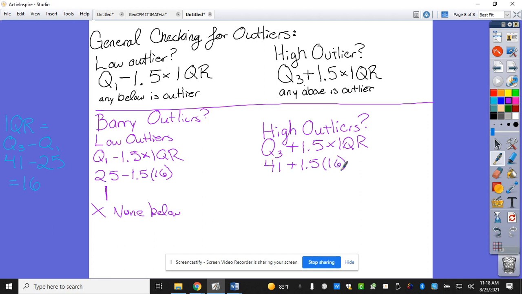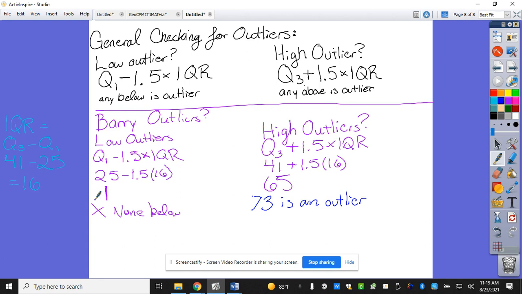And 41 plus 24 is, so what number is an outlier? And that's the only one, right? Some people put something here like greater than 65, less than 1, instead of writing it like that.